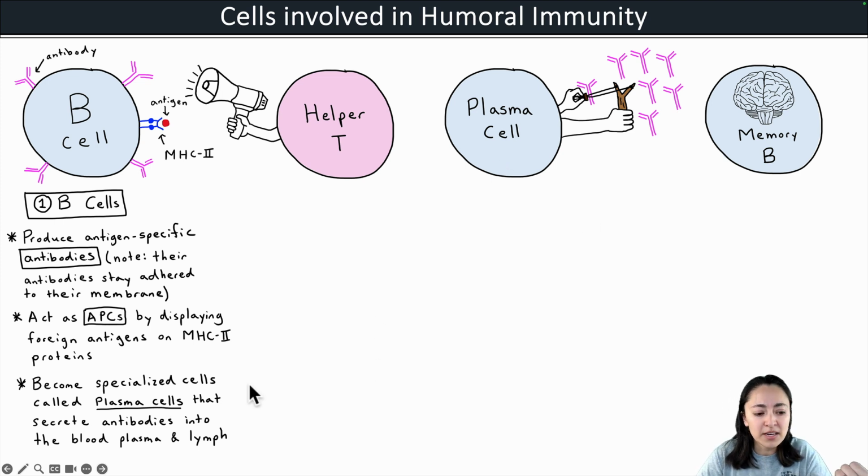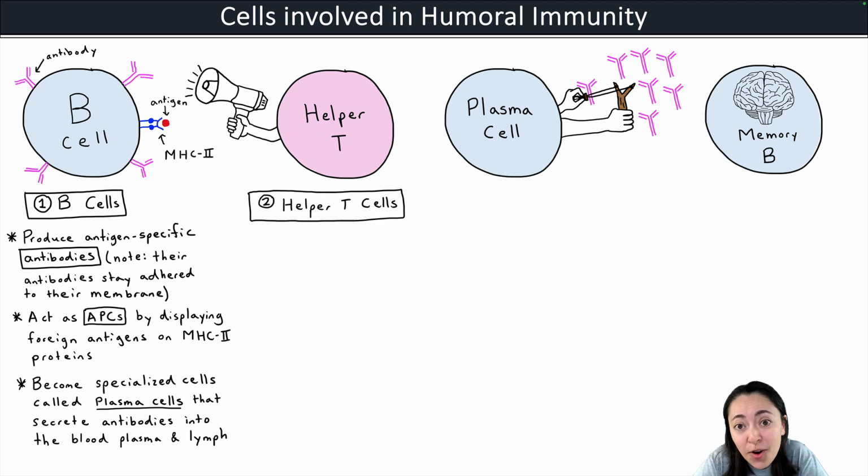But these plasma cells are really important because they actually will secrete the antibodies into our blood plasma and our lymph so that they can circulate throughout our body. And I always remember that plasma cells secrete the antibodies into our blood plasma and our lymph because blood plasma and plasma cells both have the word plasma in their name.